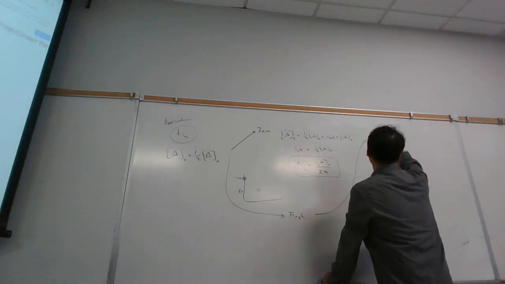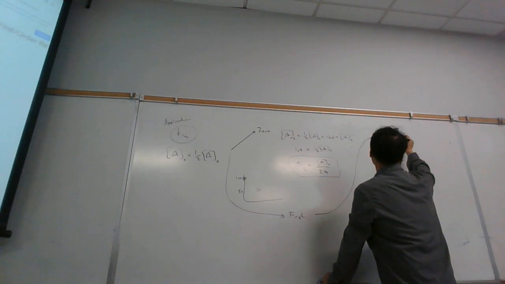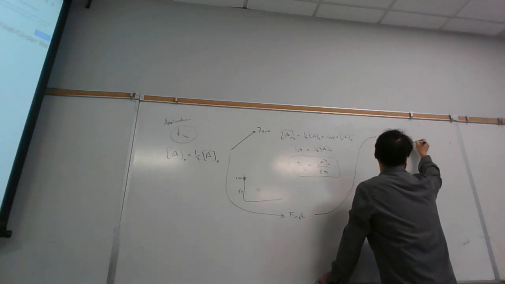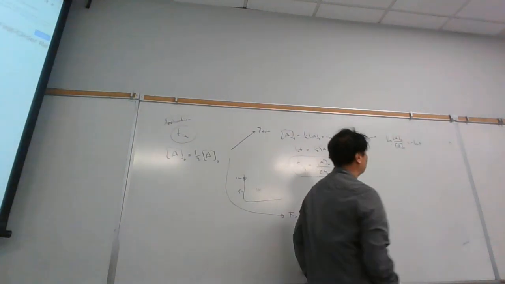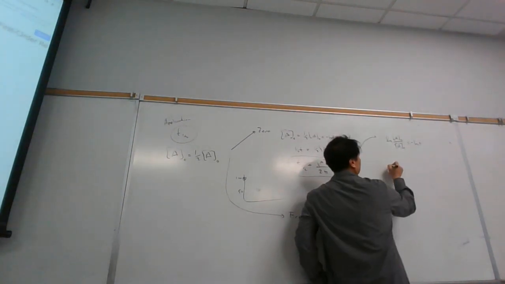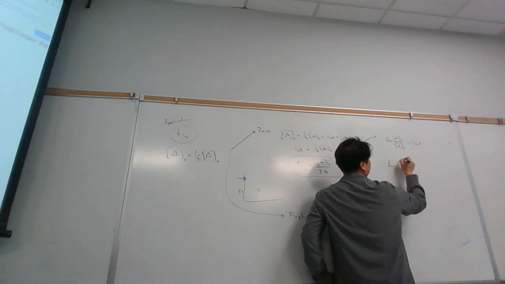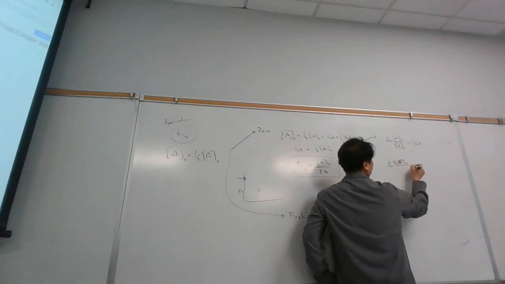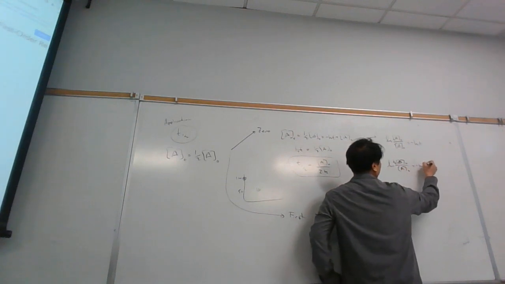So for first, we're going to have ln of A at time t over A0 is equal to minus kt. So this is the second equation. And so ln at time t is just equal to 1/2 A0 divided by A0, the initial, is equal to minus kt.